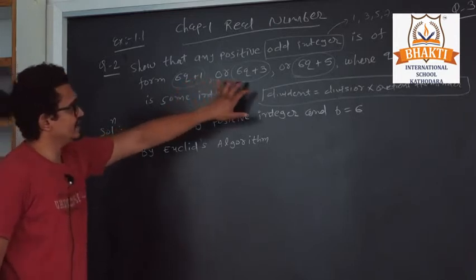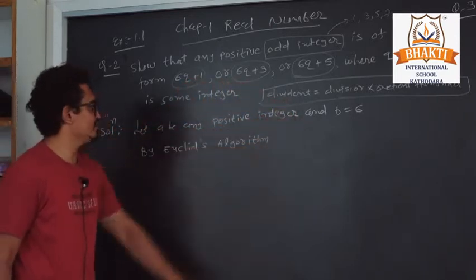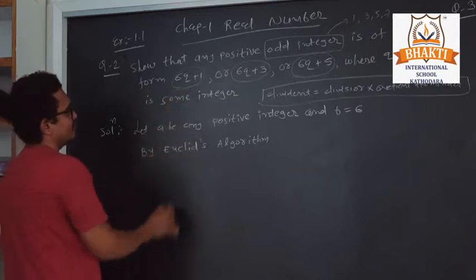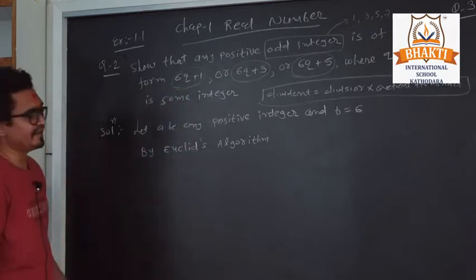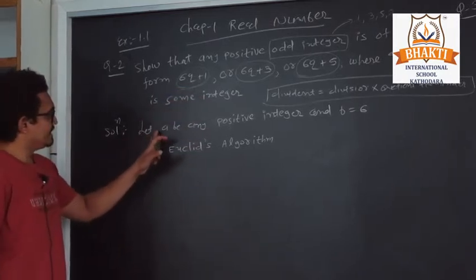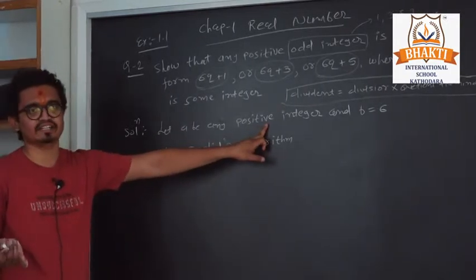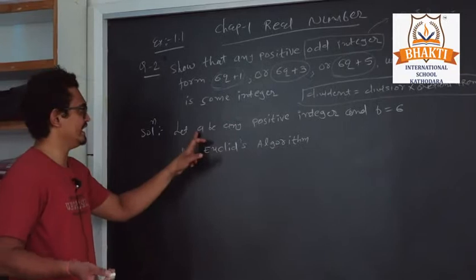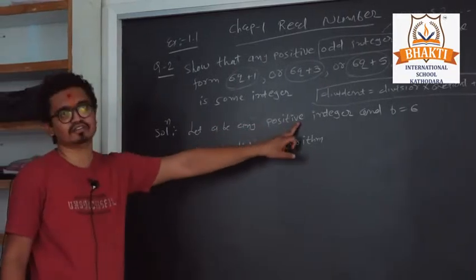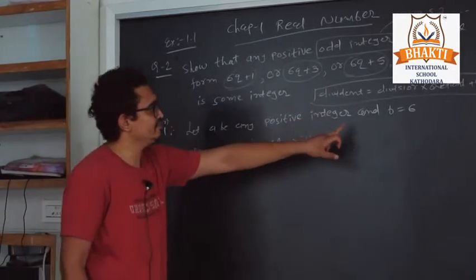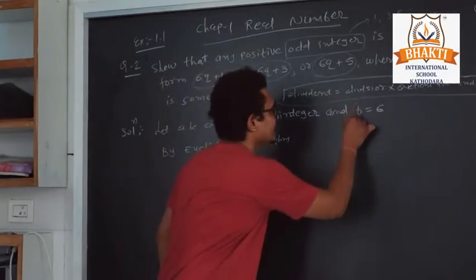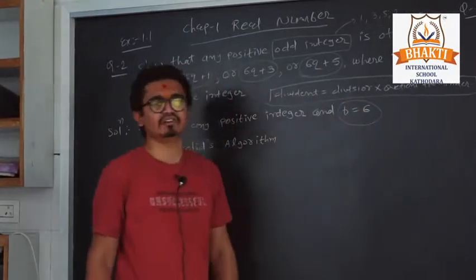First of all, let a be any positive integer, and b is equal to 6. So how can we get b is equal to 6?